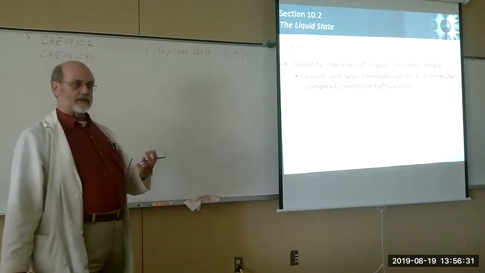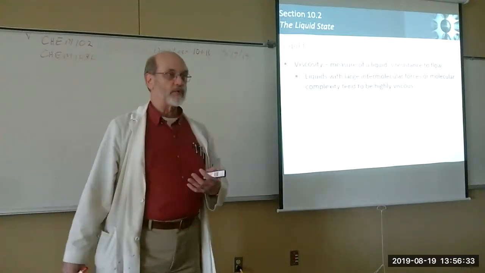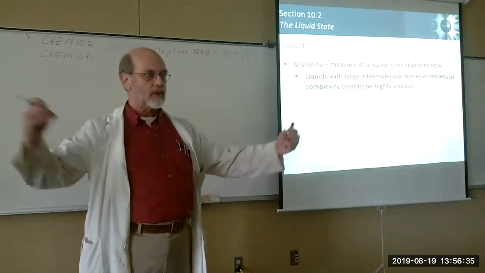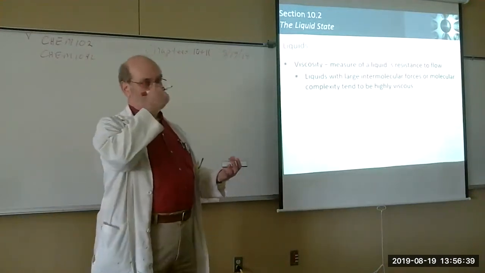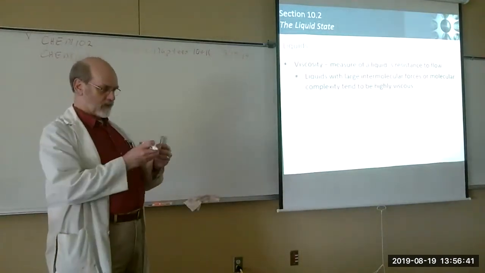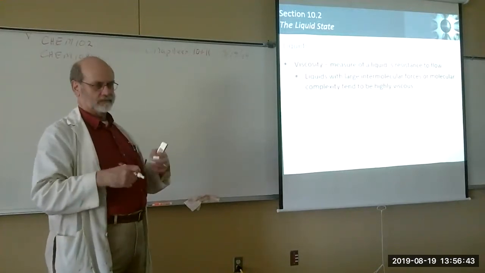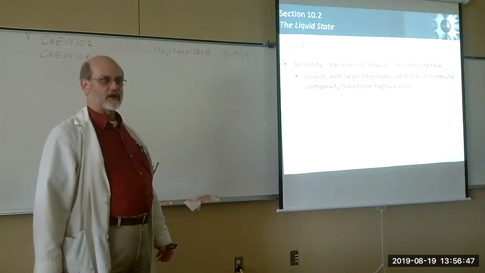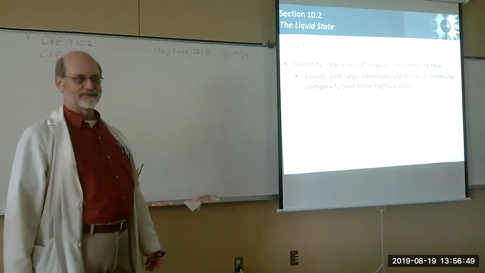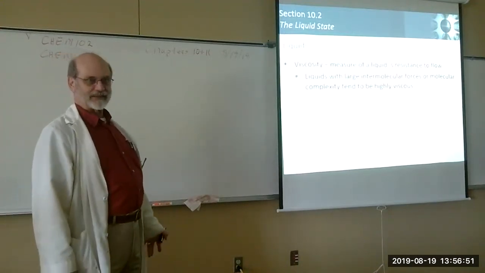So liquids that are composed of long polymer chains tend to be entangled more. And that means that they resist motion because, you ever had a ball of twine that you wanted to untangle? It can be difficult.